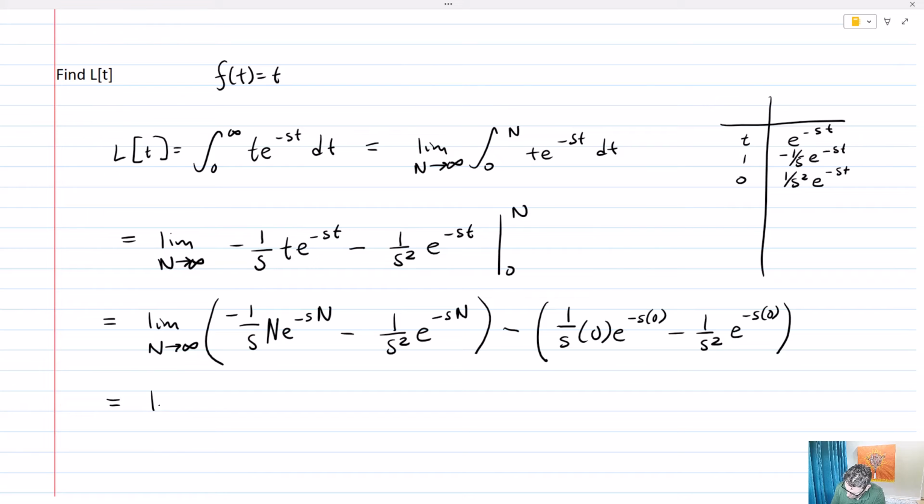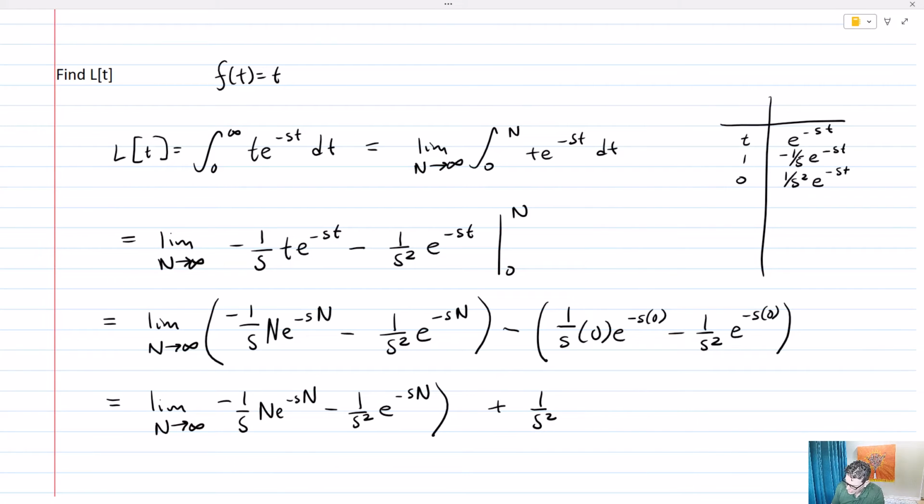And this will then be equal to the limit as n goes to infinity, negative 1 over s, n e to the negative sn minus 1 over s squared e to the negative sn, and then plus 1 over s squared.